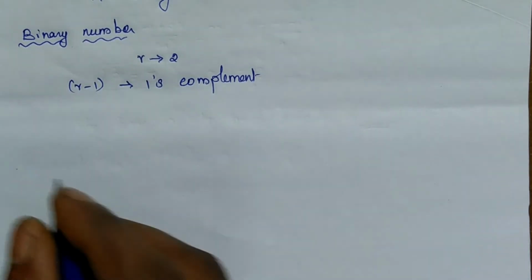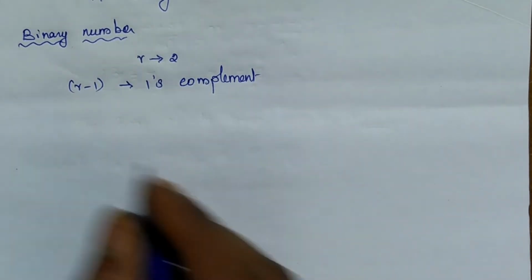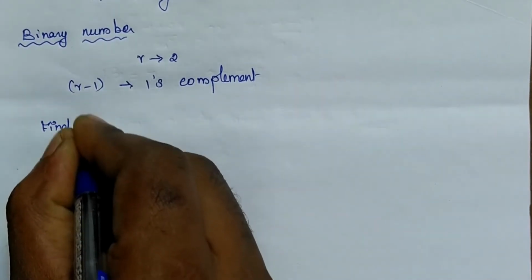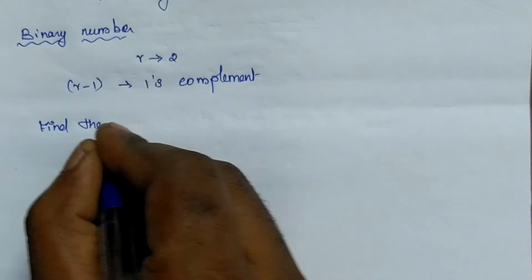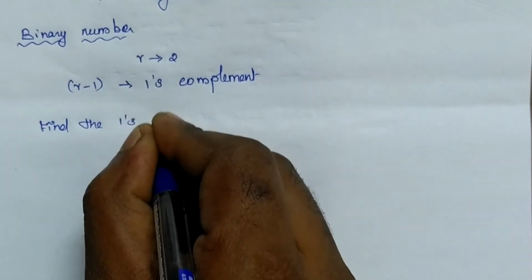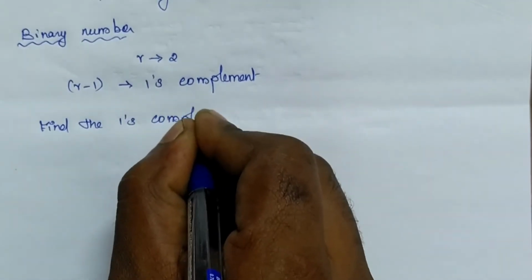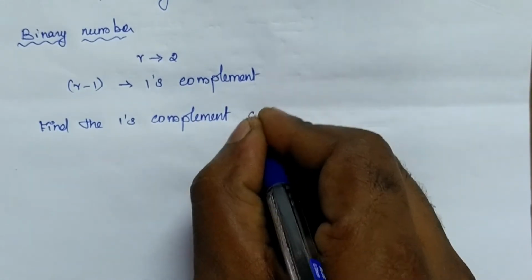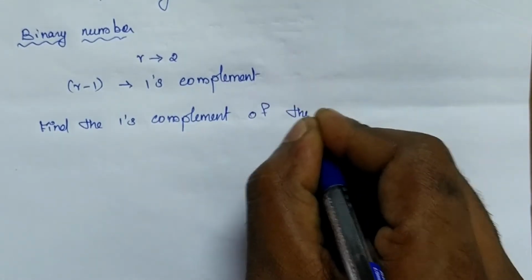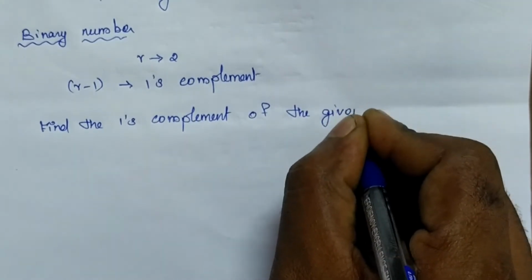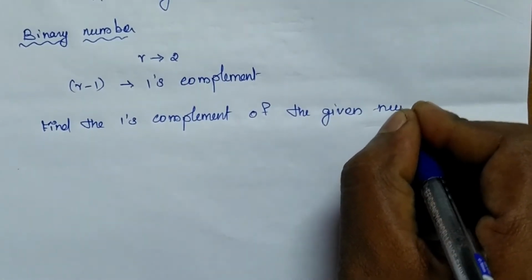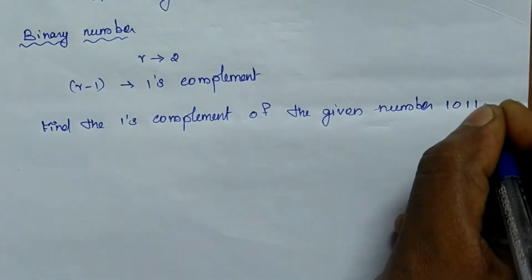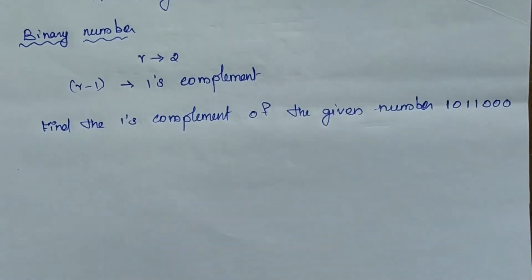Let's consider an example. Find the 1's complement of the given number 10110000.